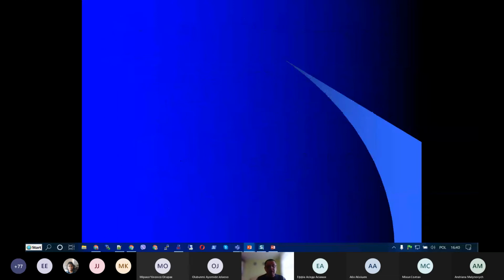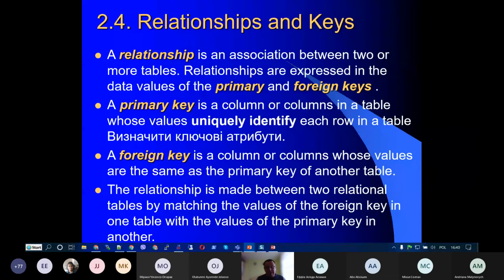Okay. Now we move into relationship terminology and how to link information from one object to another. It's implemented through the key relationship mechanism.